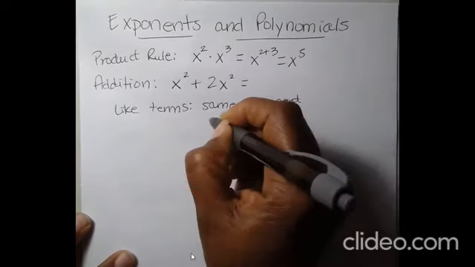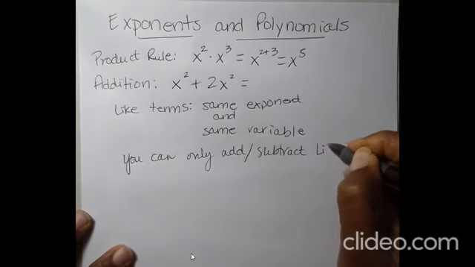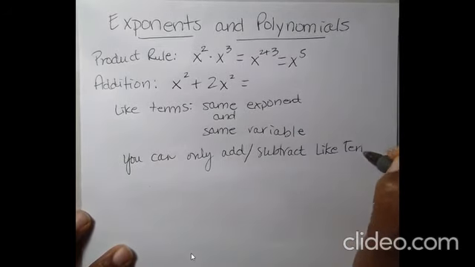So you can have x squared and 2x squared, but if you had x squared and y squared, those are not like terms. And you can only add and subtract like terms. You can multiply anything, it doesn't really matter, but you can only add and subtract like terms.